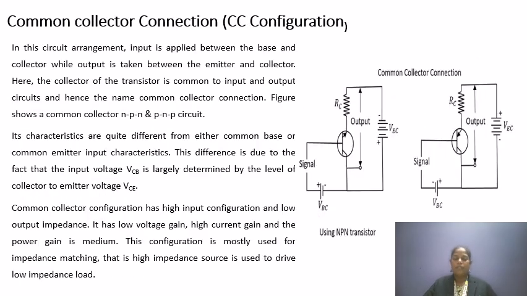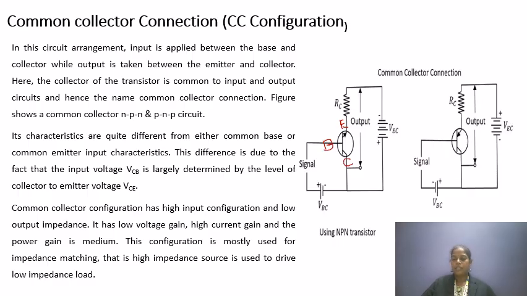Next, the last configuration is the common collector configuration. Here, the input is applied between the base and the collector. This is the emitter, this is the base, and this is the collector.